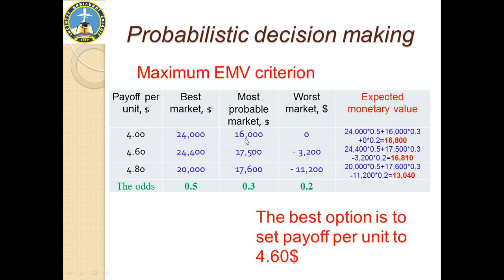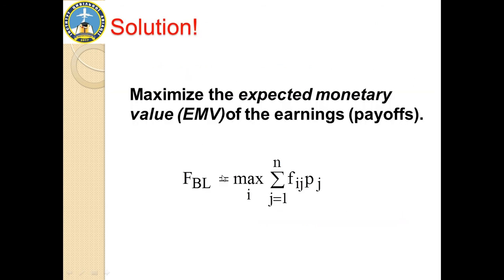So how do we get this expected monetary value for every single decision-making option? As the formula tells us, we multiply the corresponding payoff for this particular decision-making option times the probability of the state of nature and find the sum over different states of nature.